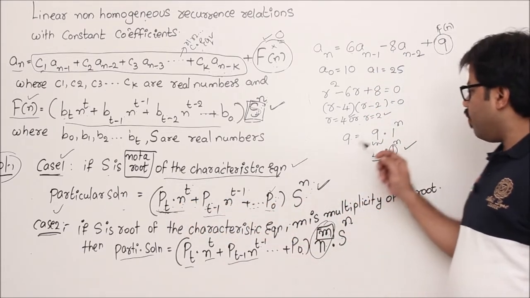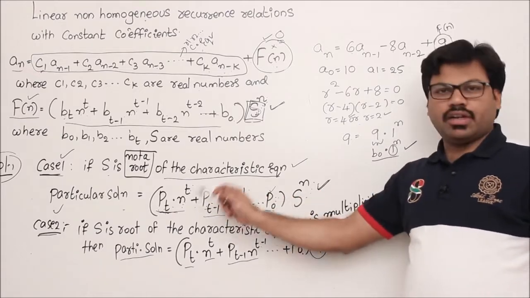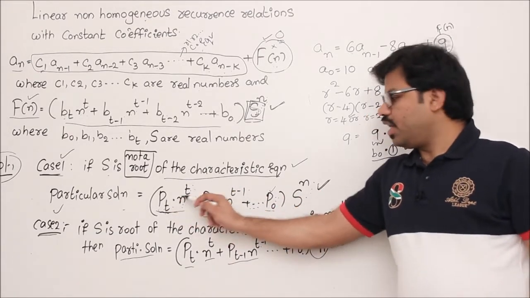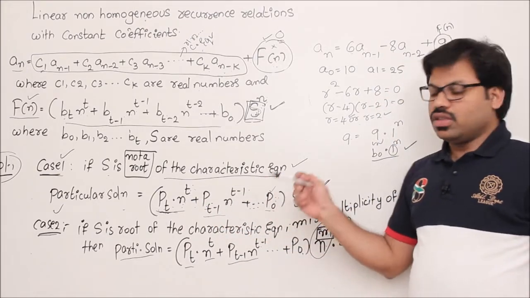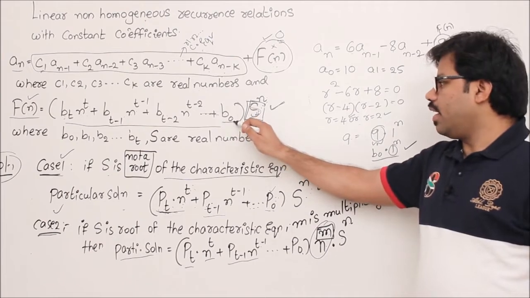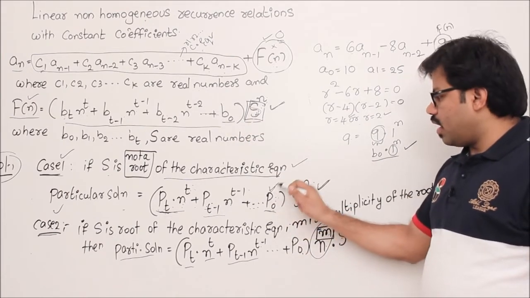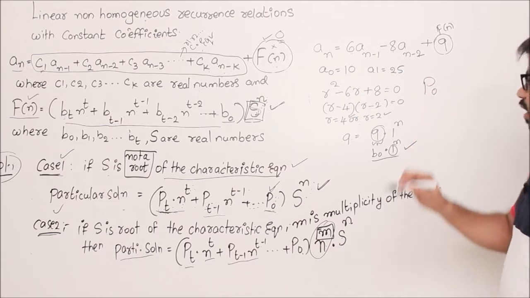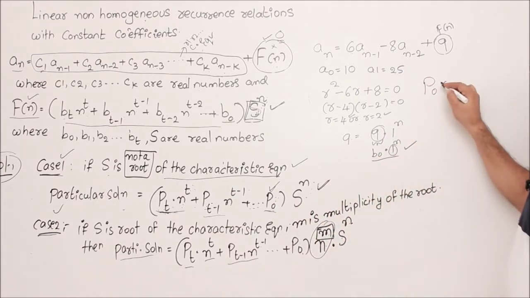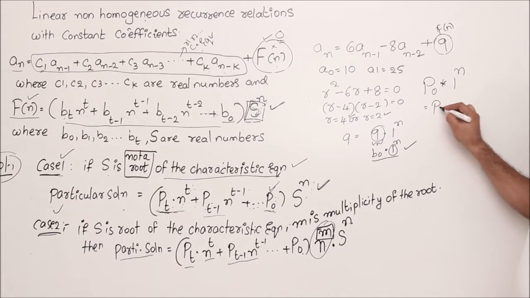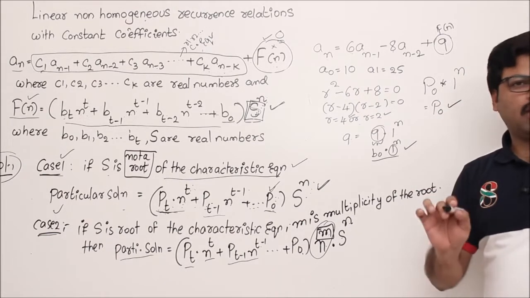Why? Our function doesn't have an n power t term. If your function has n power t, then we should write pt into n power t in your solution. We have only b naught, correct? Then we should take only p naught. So the solution is p naught into s power n. What is s here? 1 power n. 1 power n is 1. So finally p naught is the answer. This is the particular solution.